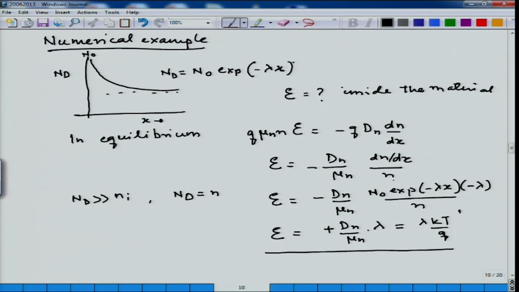We get that if I have an exponential distribution of carriers in the semiconductor, I will get a constant electric field inside the semiconductor.